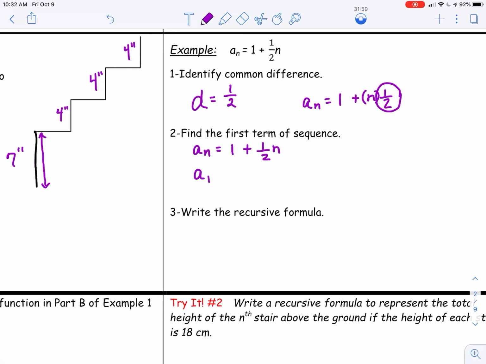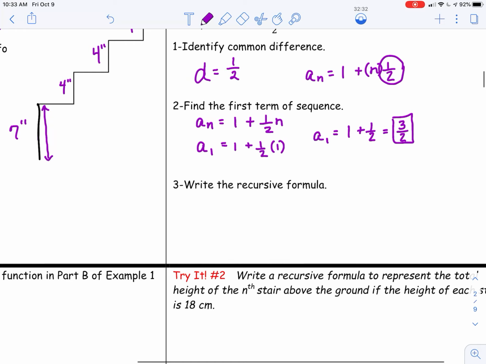We want to find the first term, so instead of the nth term, we're going to find the first term equals 1 plus 1/2 times 1, because that's what we said n is going to be equal to here. And then finally, off to the side here, we can just write the first term is equal to 1 plus 1/2, which we know is going to be 1.5, which turns into 3/2. So here's our first term.